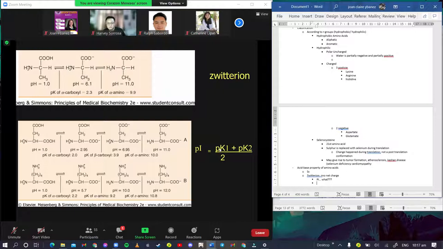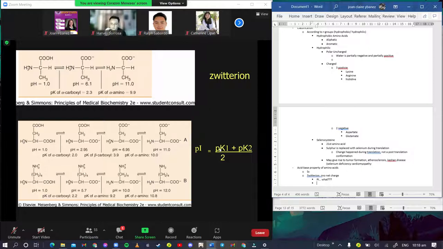And then you keep on adding to such a point wherein the pH is so basic that it can now lose the proton of your alpha amino group, which has a pK of 9.1. So at the acidic end, most likely the amino acid is positively charged, but towards the basic end, the amino acid will be negatively charged.